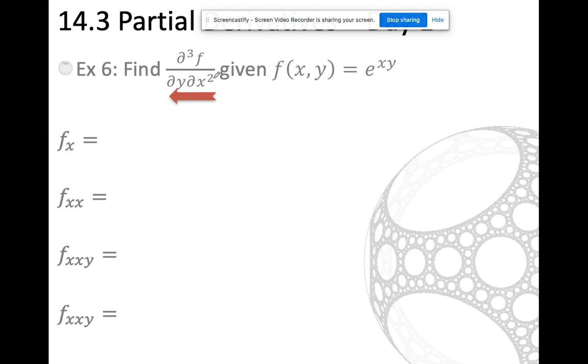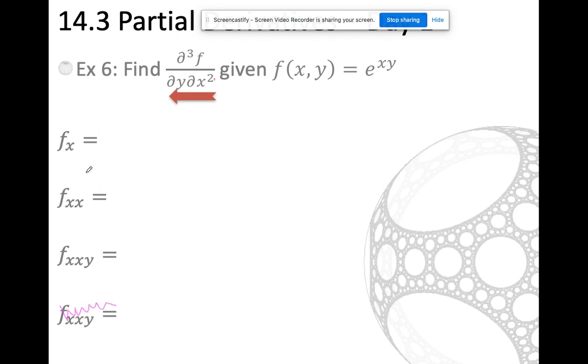Then I had to do with respect to x again. Then I had to do with respect to y, right? So here's my first x. Here's my second x. Here's my y. Oops, I don't know why I have that over twice. Sorry.